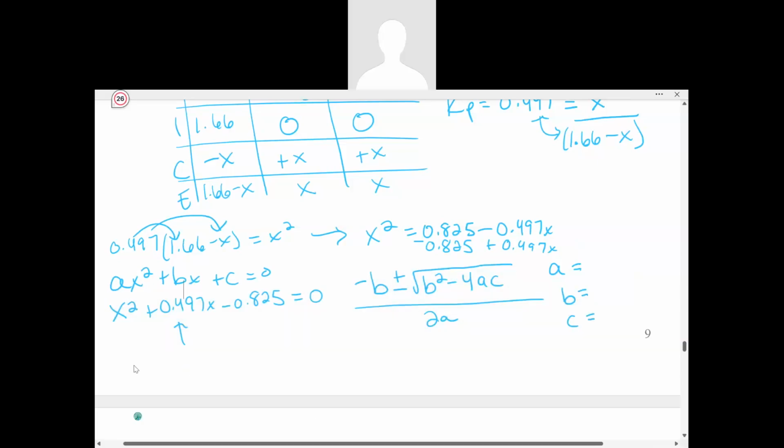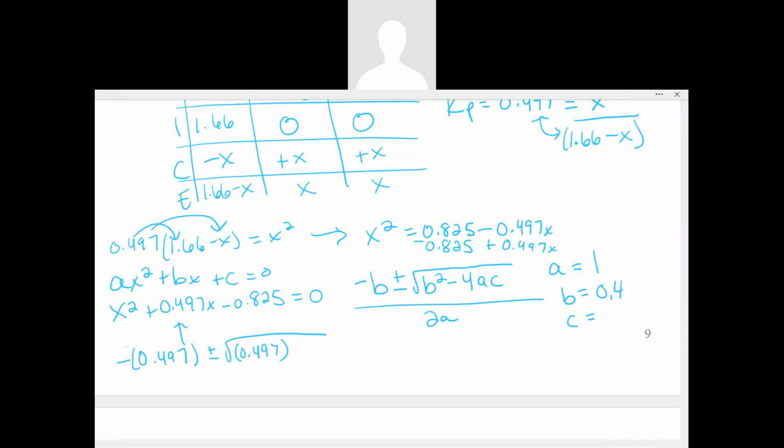So we have our negative b, so we'll plug that in first, negative 0.497, and then it's going to be plus or minus the square root of b squared. Oh, I forgot to give us our values. So a is 1, b is the value in front of x, 0.497, and c is negative 0.825.